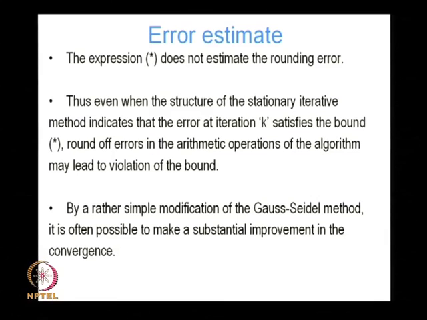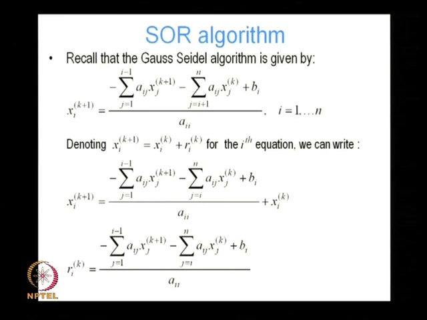Next, we talk about a slight modification to the Gauss-Seidel method, which substantially improves the convergence of Gauss-Seidel's algorithm. Let us recall that the Gauss-Seidel algorithm is given by x_i^{k+1} is equal to this, where this is the lower triangular part comprising the values of the elements which have already been found from the new iteration.